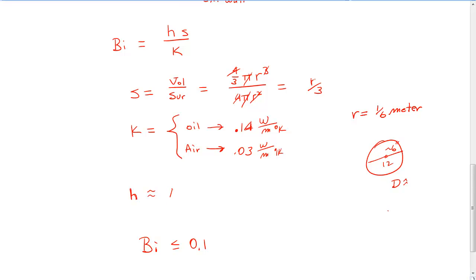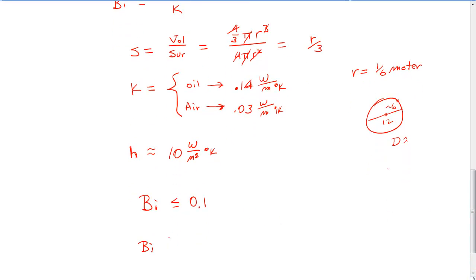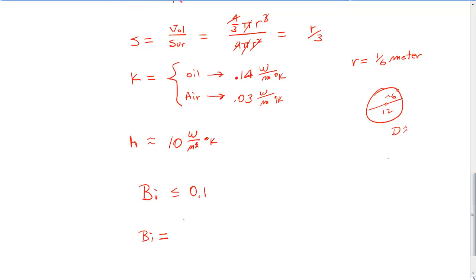So if we just guessed that H was some value in watts per meter squared degrees C or K, then a Biot number for the oil would be HS over K, or say 10.